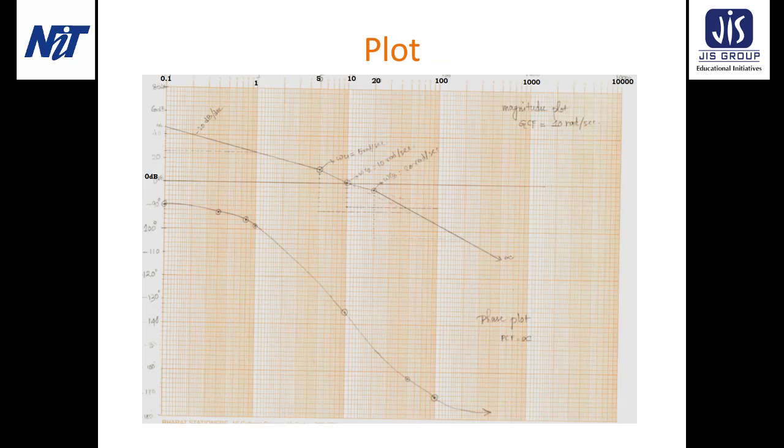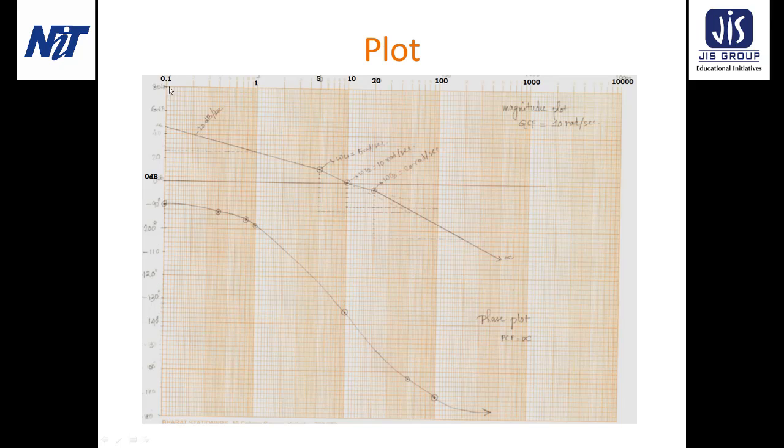So next, first we'll start the magnitude plot. This is a similar graph paper of 5 cycles. The x-axis will represent log omega, whereas the y-axis for the magnitude plot will represent dB, and for the phase plot it will be represented in degrees.